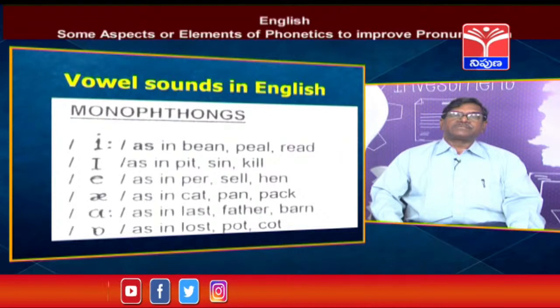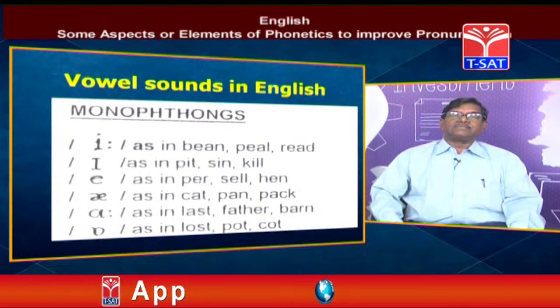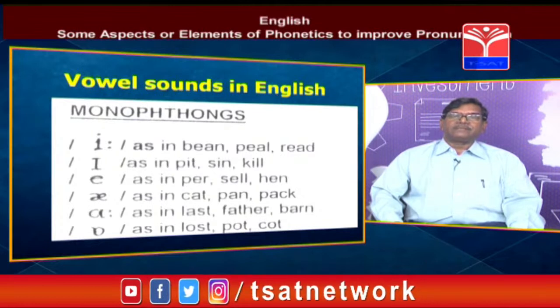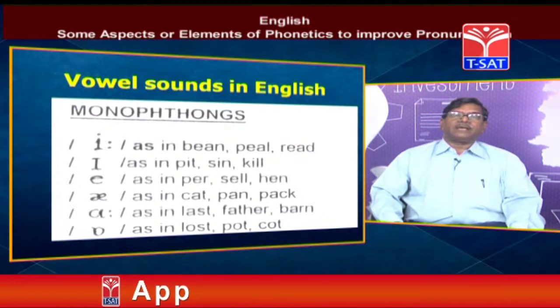And these symbols are put between 2 slant lines to represent that they are the symbols of sounds, but not alphabet. And then short E as in pit, sin, kill. The E sound is represented by that particular symbol.